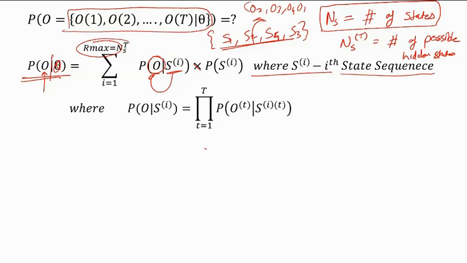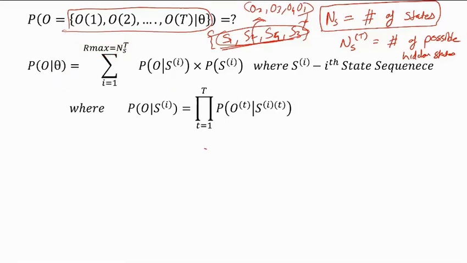These are my observations. What is the chance that this sequence will do this, multiplied by the chance of obtaining this hidden state. If I sum over all such state sequences, then I can get the total probability of obtaining this O sequence.